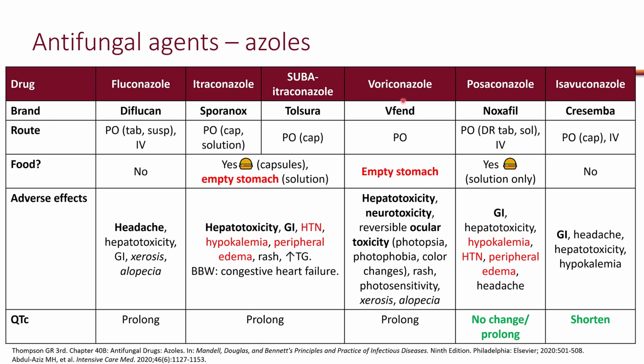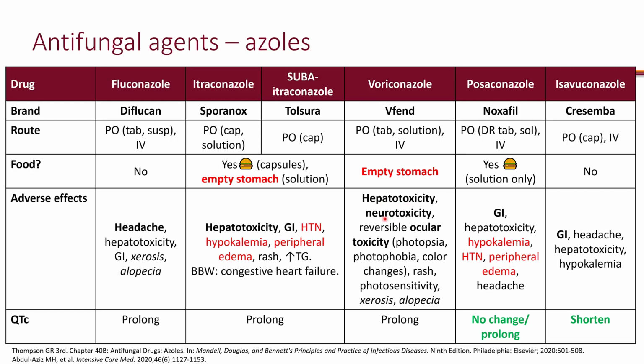Next, we have voriconazole. Voriconazole is the one with the most adverse effects, and it is available as PO and IV. The PO formulation must be taken somewhat on an empty stomach, essentially 1 hour before or after food, so it doesn't have to be a completely empty stomach. And here are the adverse effects. So hepatotoxicity is much more significant with voriconazole.